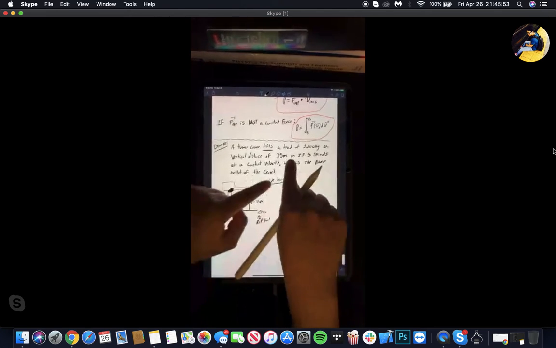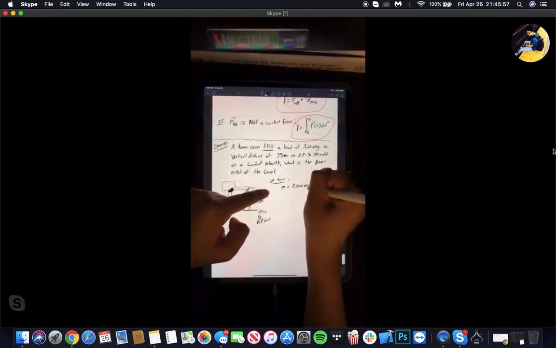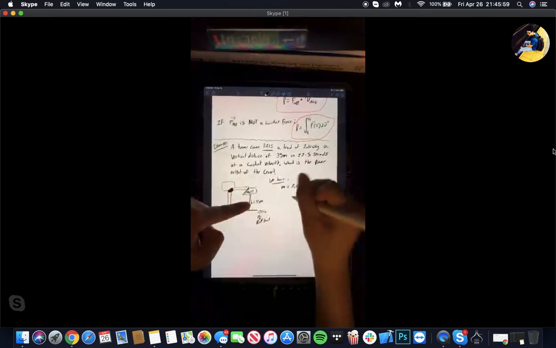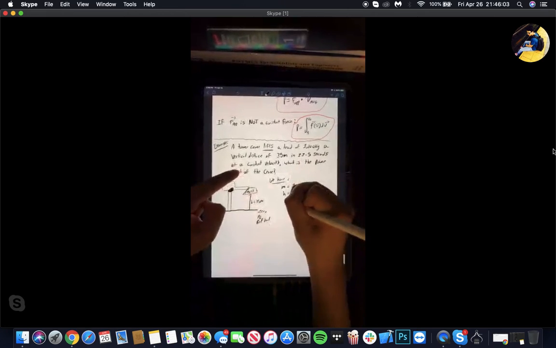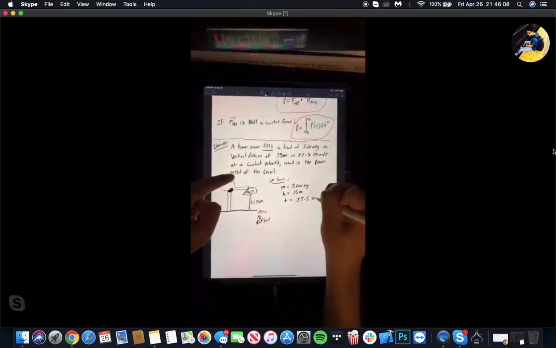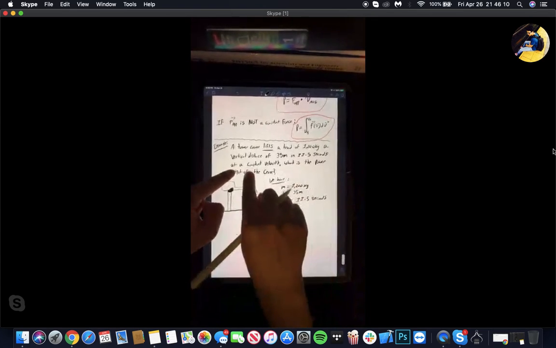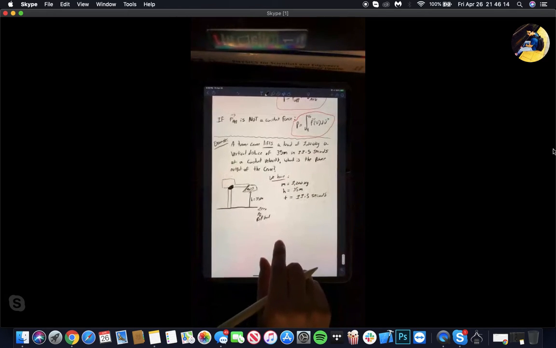We have the mass equals 1,200 kilograms, the height of 35 meters, and the time of 11.5 seconds at a constant velocity. What is the power output of the crane?